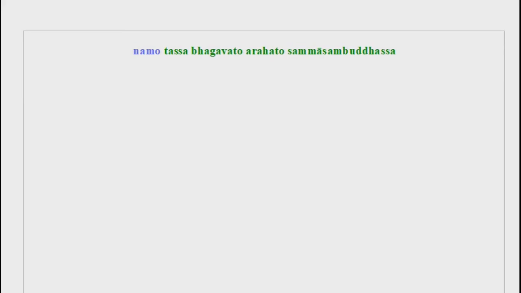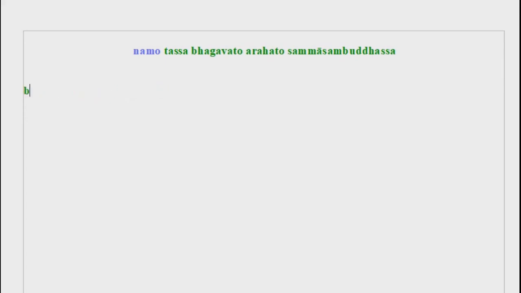So we have tassa, and that is the genitive dative form of the demonstrative pronoun, which in the masculine singular nominative form is so. Bhagavato comes from, or if you look this up, it's under bhagavant, and it means blessed, fortunate, sublime.